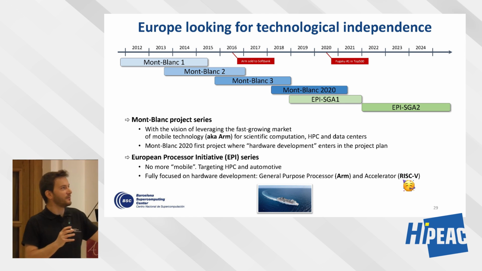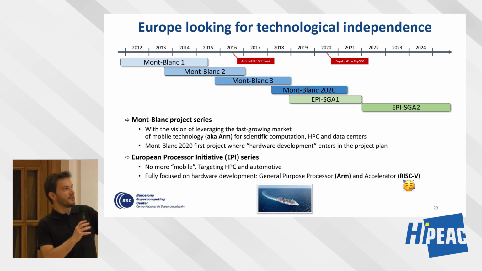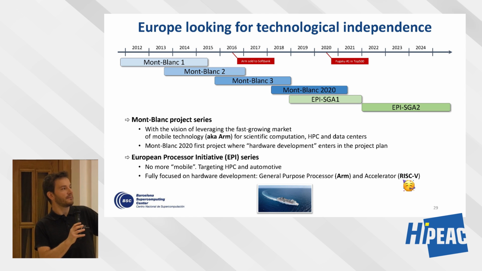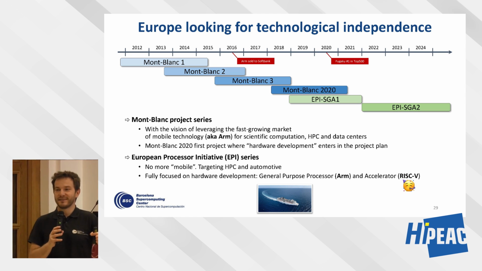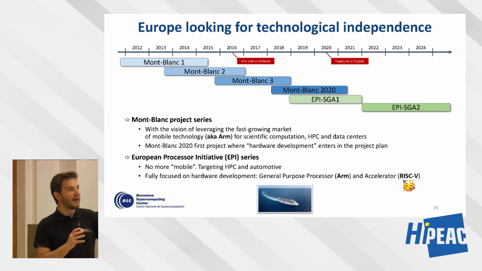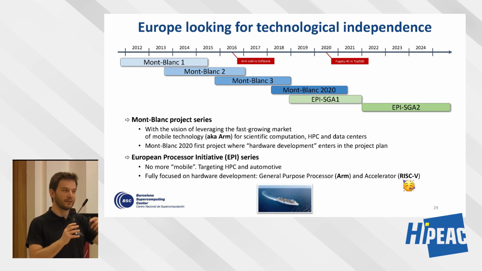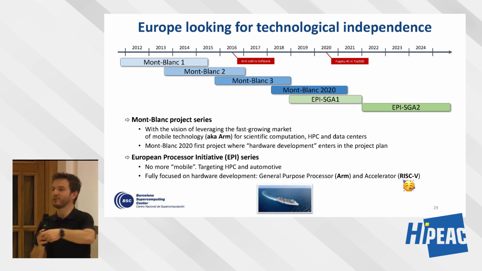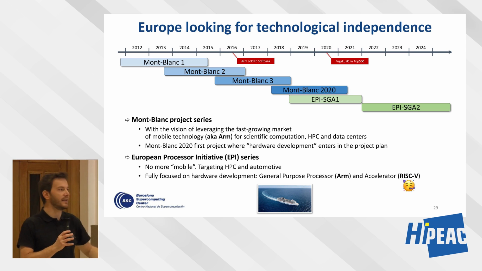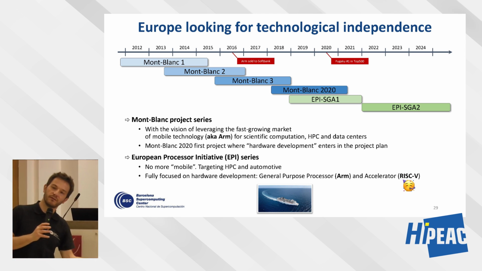Anyhow, we have a series of Mont Blanc 1, 2, 3, then we changed it to 2020. And here ARM has been sold to SoftBank. So here basically you start to see the boat changing direction a little bit, right? And in EPI, the European Processor Initiative, that is where we are working now and where I would like to walk through in the next days, we are not only pushing ARM, but also RISC-V.